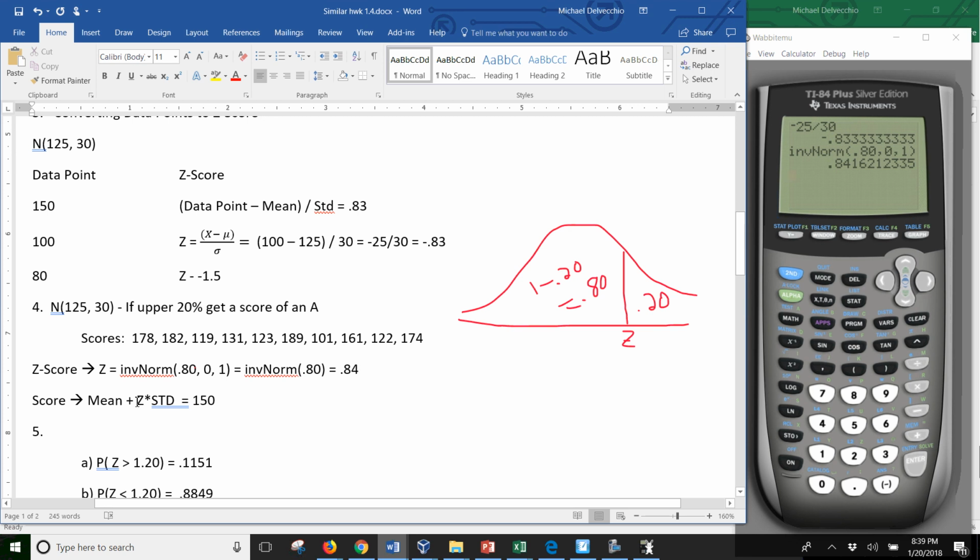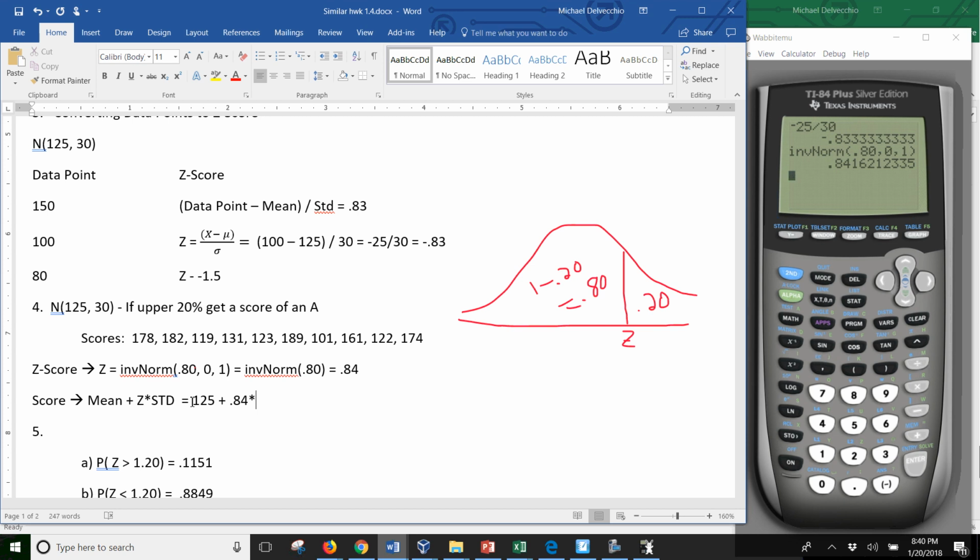So we could do two things. We could use our formula to convert that into a test score, right? So you see here mean plus z times standard deviation. Let's actually see how that works out. So our mean was 125 plus our z-score we just found to be 0.84. Now we did round, so it might have some error.